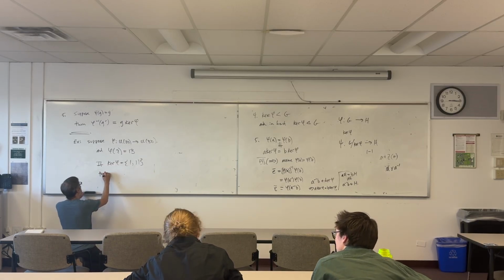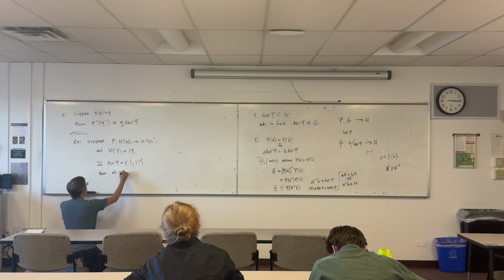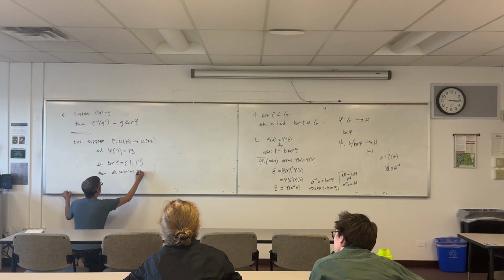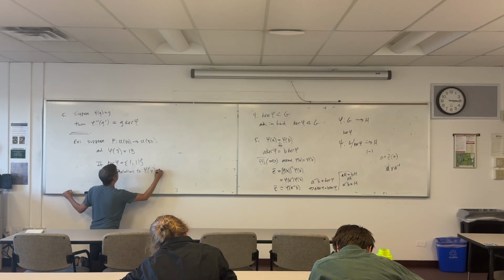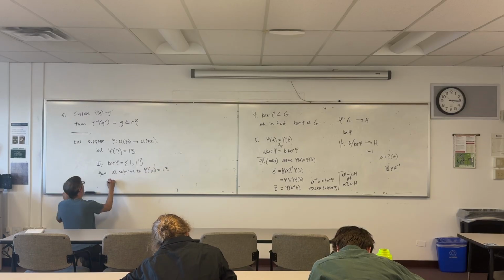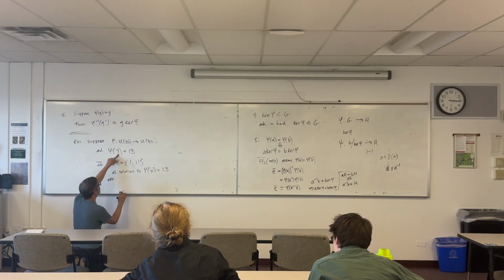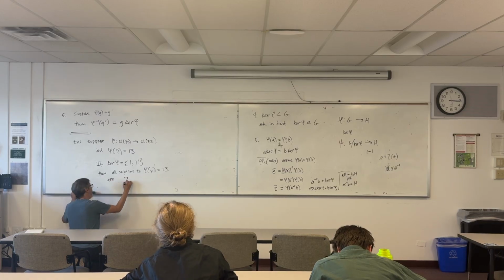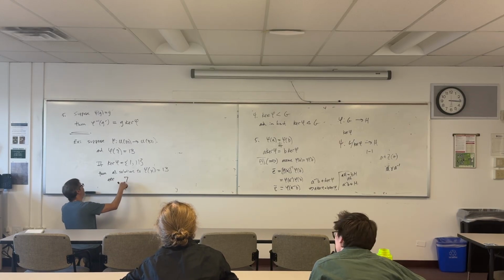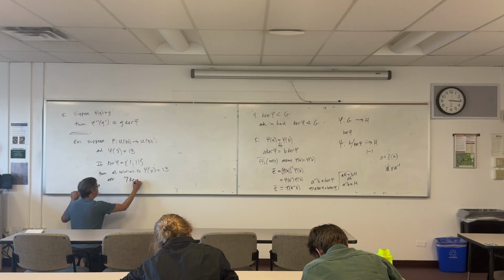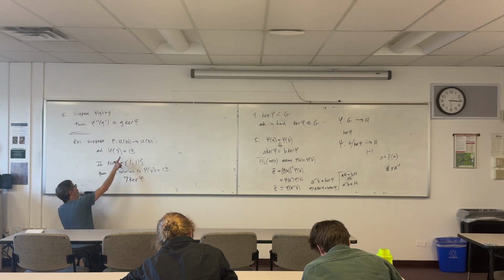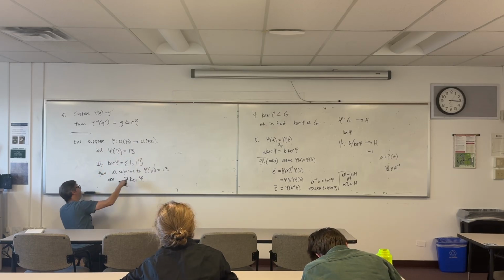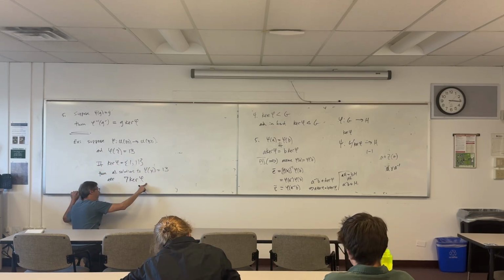Then all solutions to phi of x equals 13 are just my particular solution, which spits out 13, and I'm going to take that particular solution and then operate with kernel phi using that result that I just had up there. So this is all the solutions.